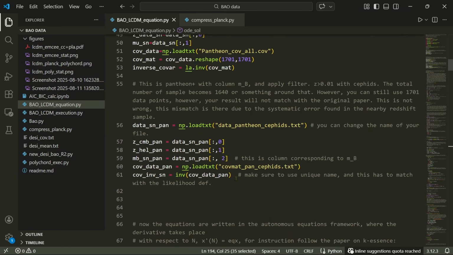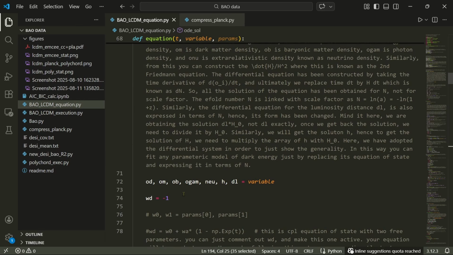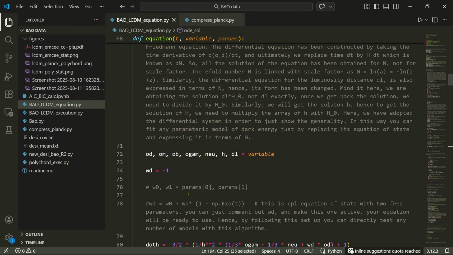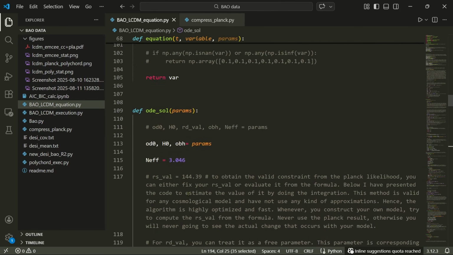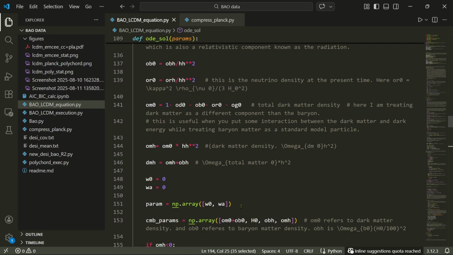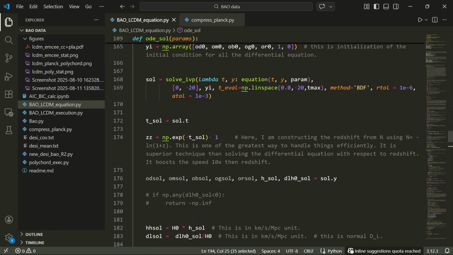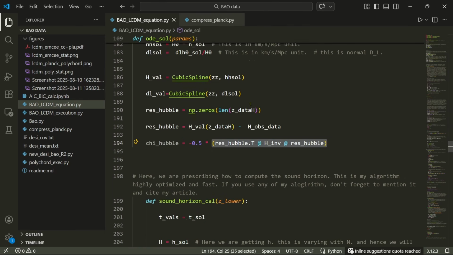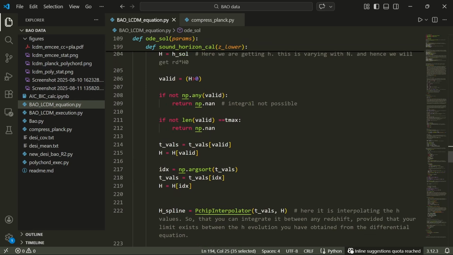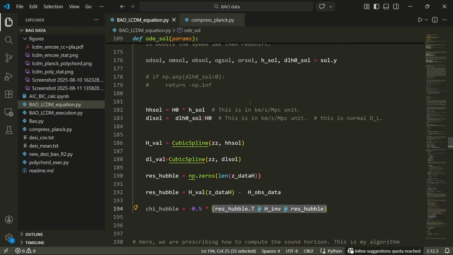You have to invoke your model in the equation the way I have described. Once you have to solve it using the param, and everything has to be correct, given your initial conditions. Once you are done, then you can just get your h-val, dl-val. So this is the major thing that you require. All the other things will automatically take these names.